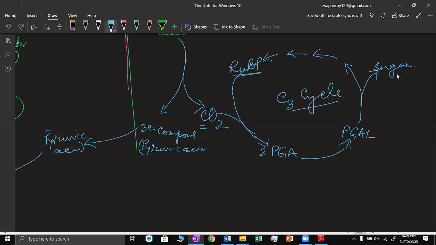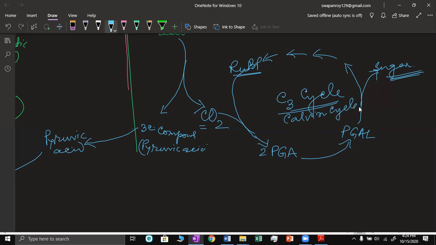So sugar formation or carbohydrate synthesis takes place by the C3 cycle only, the Calvin cycle.